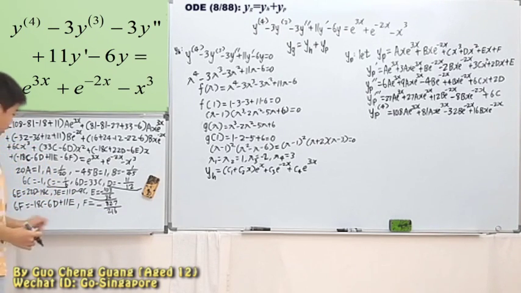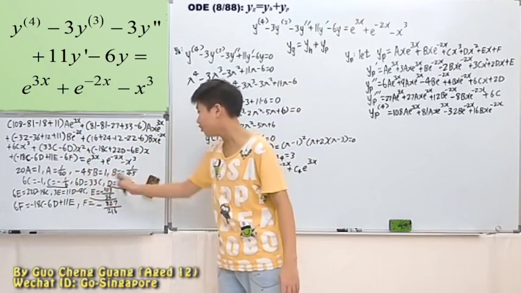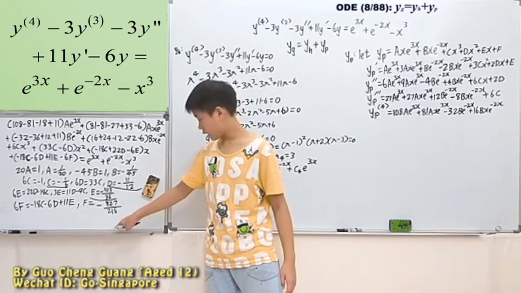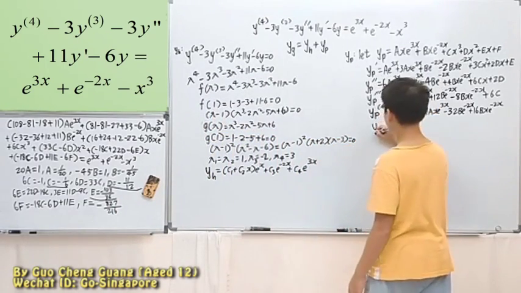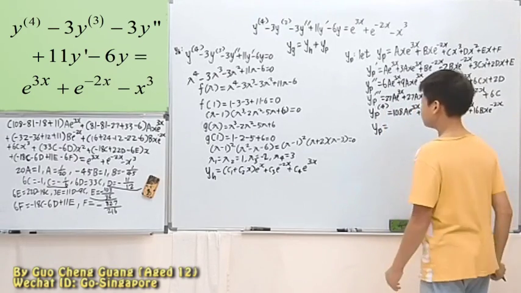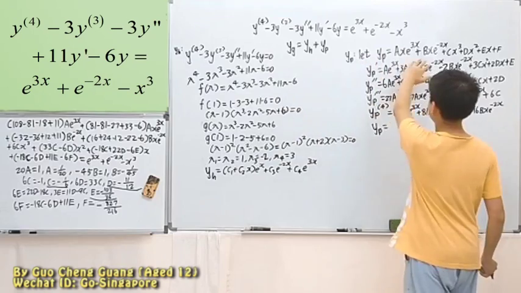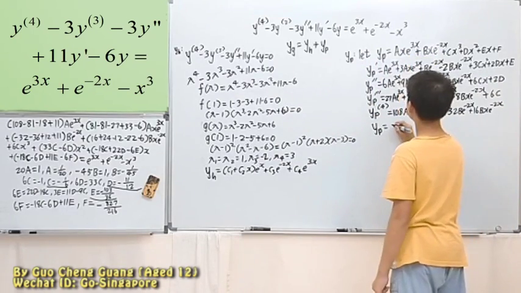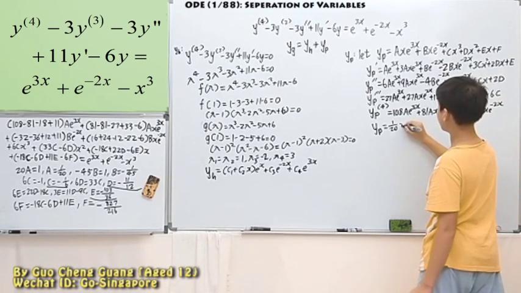Okay, so next, we've already found all the constants that we need here. So the next step is to find YP. YP, let me just sub everything back here. Firstly, 1/20.